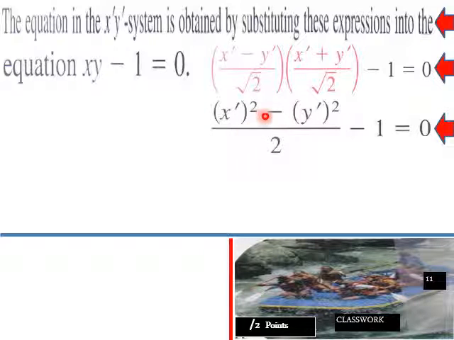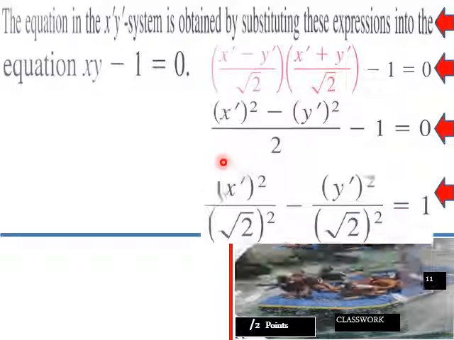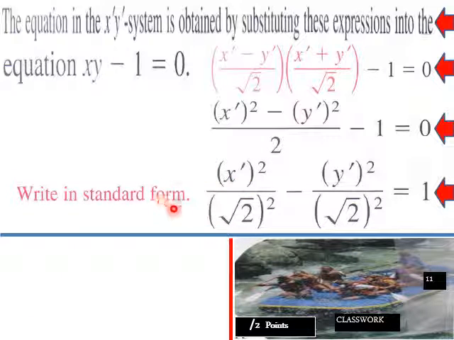When we square these out, we get x prime squared minus y prime squared minus 1 equals 0. In standard form, x prime squared over radical 2 squared minus y prime squared over radical 2 squared equals 1.